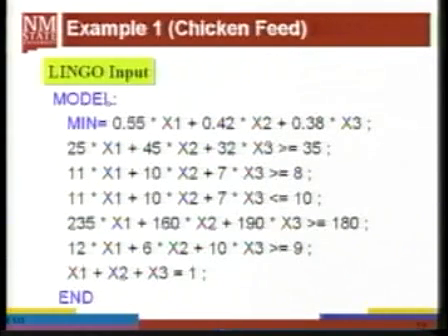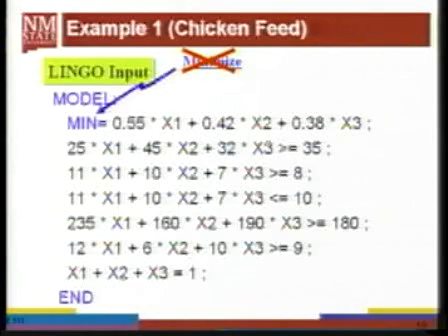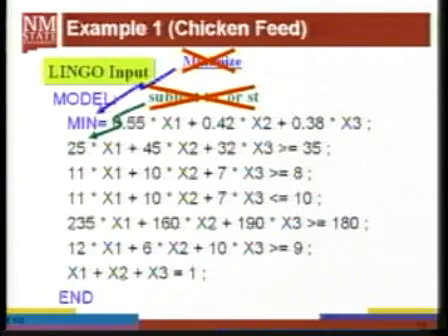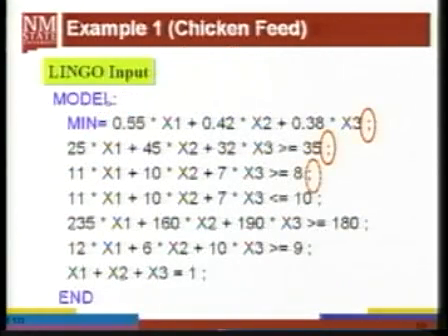And unlike LINDO, LINGO does not recognize the words minimize or maximize. So you have only two choices, max or min, which stand for maximize and minimize. And right after the word min or max, an equal sign is required. And unlike LINDO, after the objective function line, we don't need the words subject to nor the letters st. That's the major difference between LINDO and LINGO.